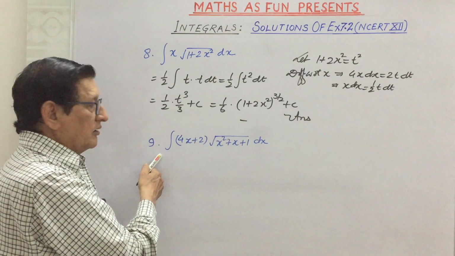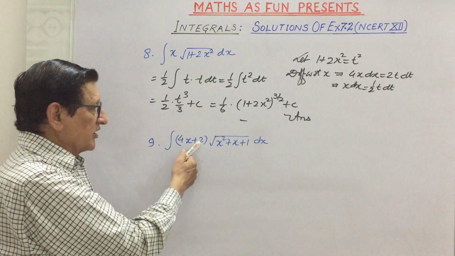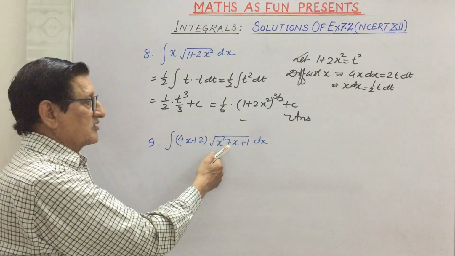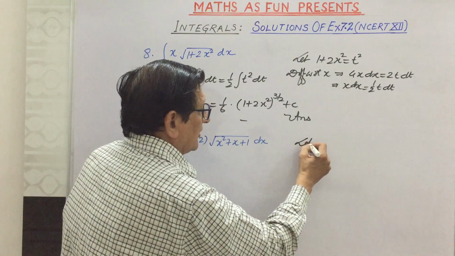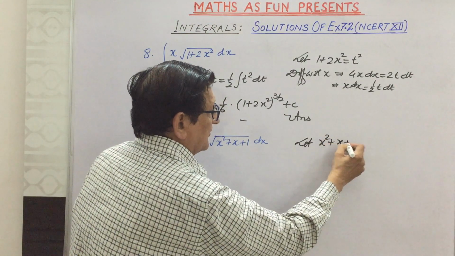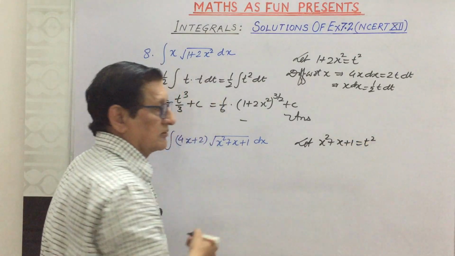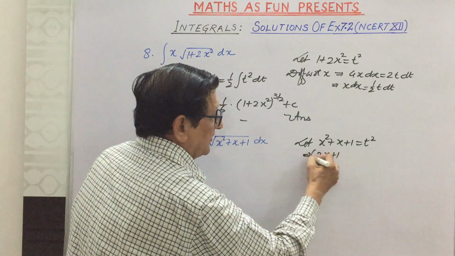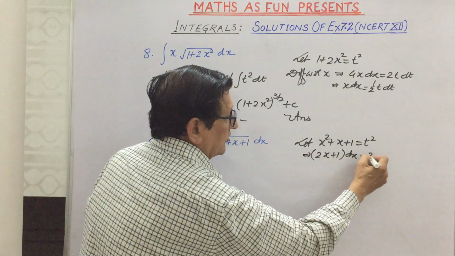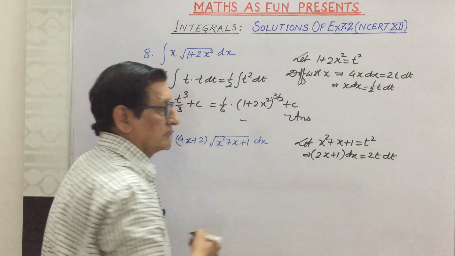Question number 9. We have integral of 4x plus 2 into root of x square plus x plus 1. If we consider here x square plus x plus 1 as t square, differentiating this, we are getting 2x plus 1 dx is equal to 2t dt.